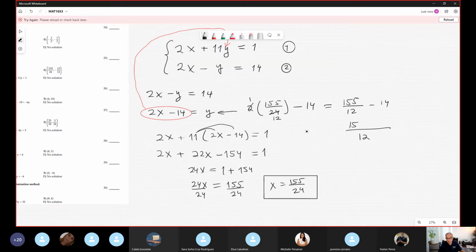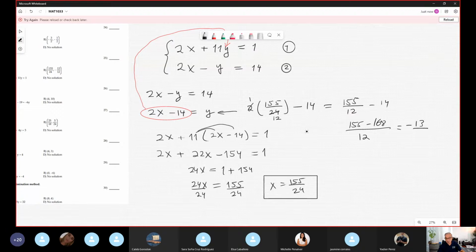Obviously, this is the same number because it's the same denominator, but this no. This is 12 times 14. Okay, it's 168. And now subtraction, 155 minus 168 is 13, but it's negative 13.